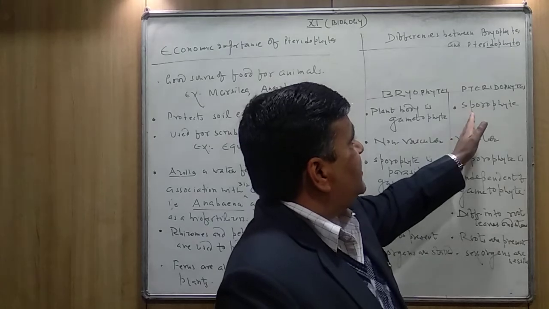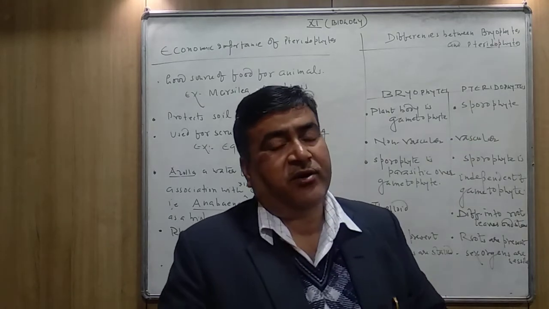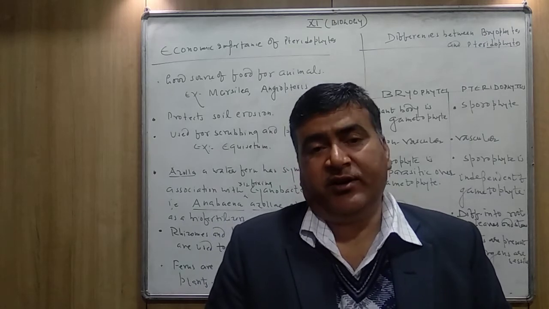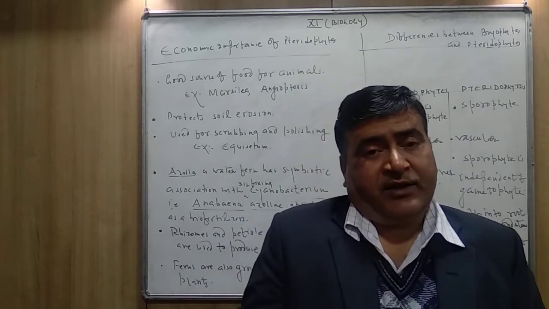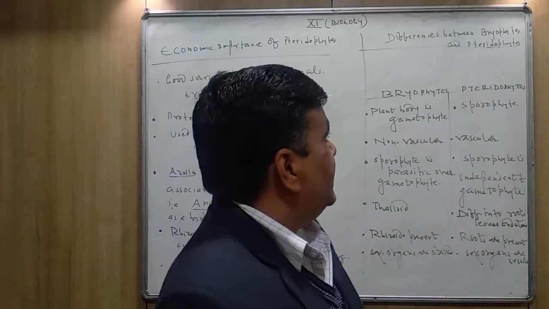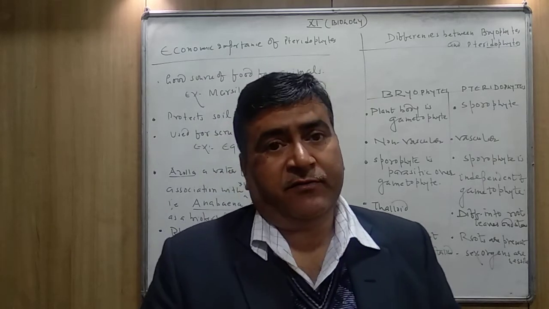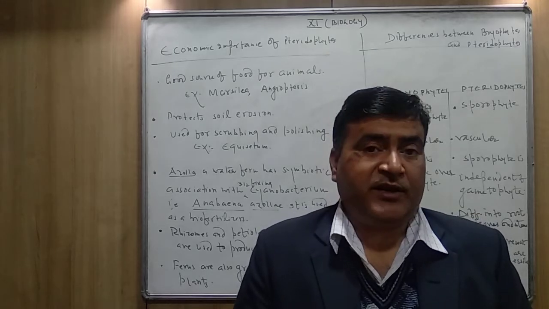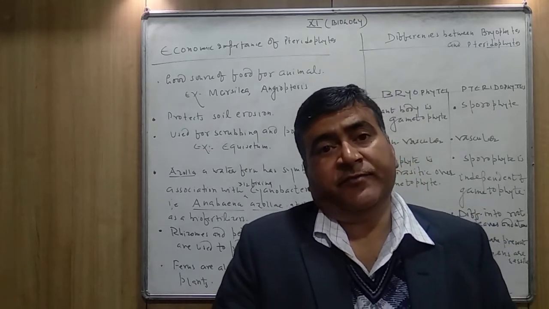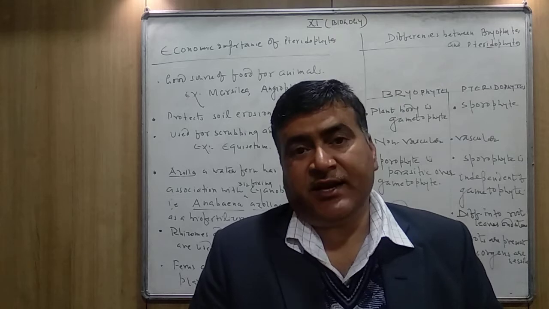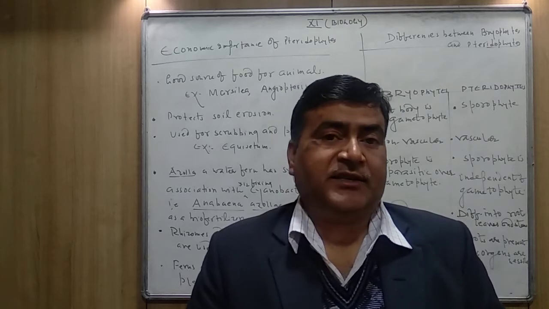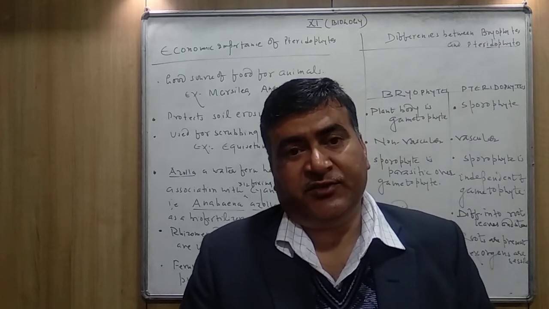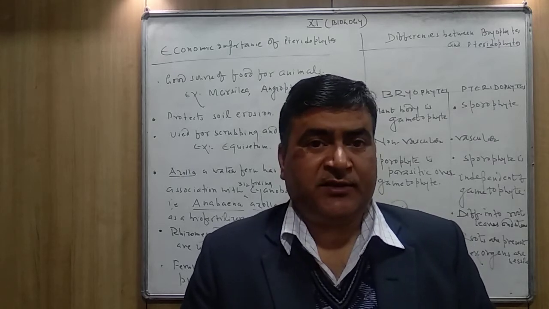And in the pteridophytes, the main plant body is the sporophyte. Yesterday, I discussed that the main plant body of the pteridophyte is the sporophyte, as it produces what? Spores. You can recall that the spores are produced inside sacs called sporangia, and a group of sporangia is called a sorus.